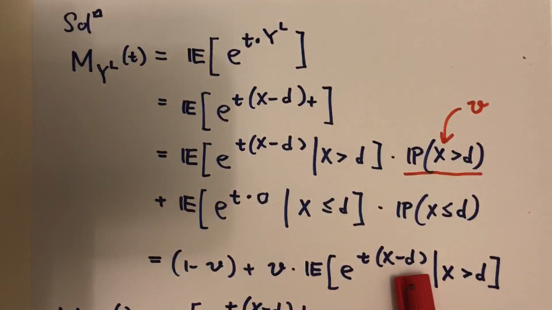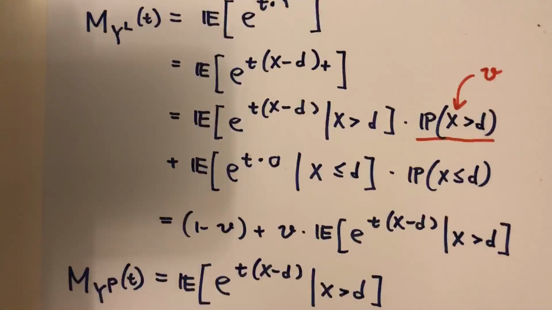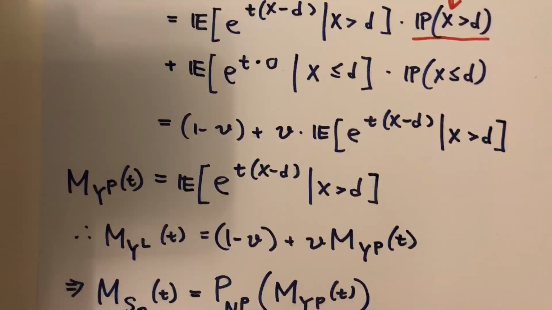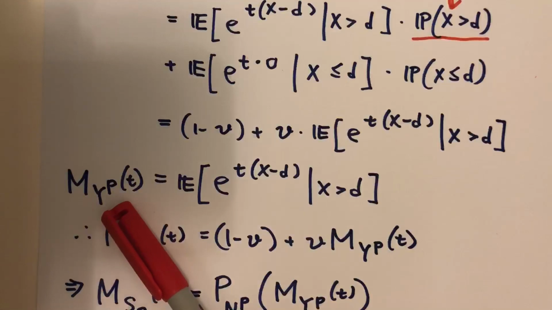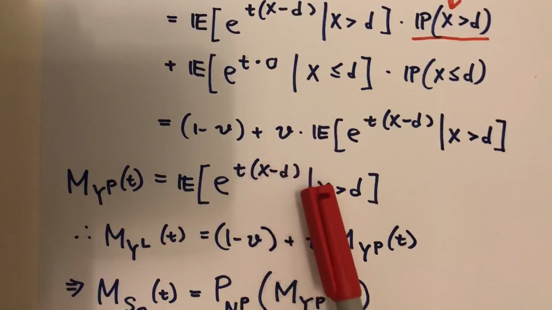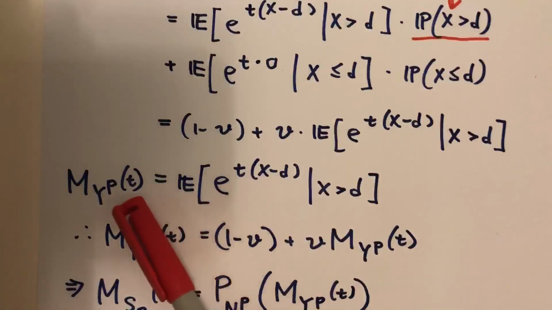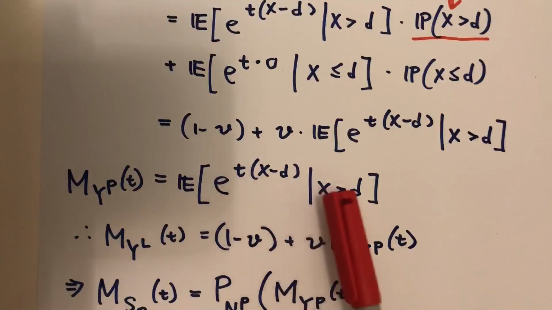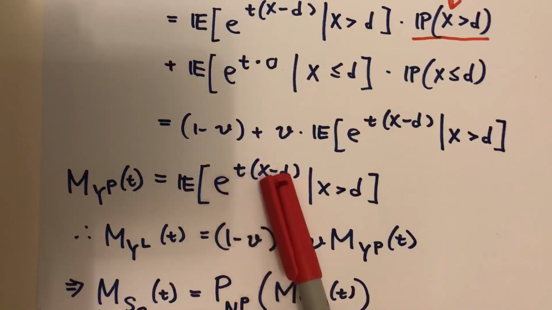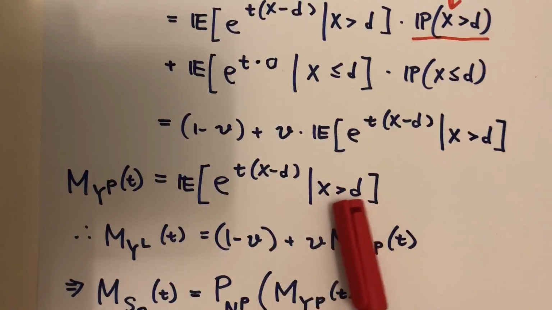this. Okay, and now we also look at the MGF of Y^P. So by definition, Y^P is the conditional variable. Okay, Y^P, remember, is X - d given X bigger than d. So the MGF will be a conditional expectation. So the conditional expectation of exponential t(X - d) given the condition X bigger than d.